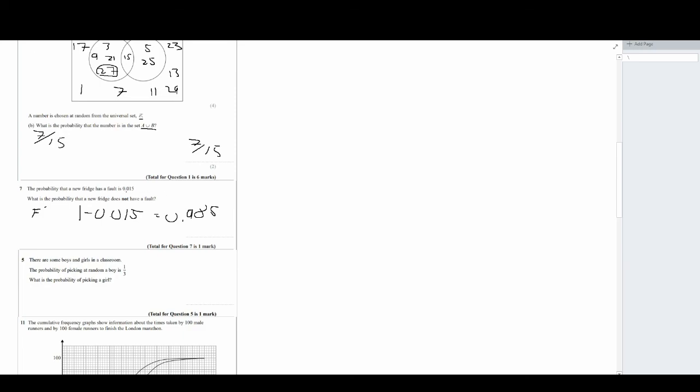So it's just the inverse, because there must be a fridge, fault or not, and we're not given any sort of in-between or neither outcomes. So we know that the fault and the non-fault, or the functional, must add up to 1, which is why we do this.